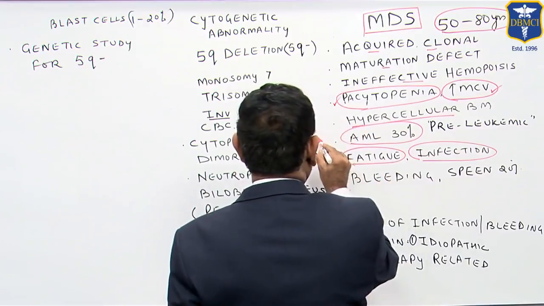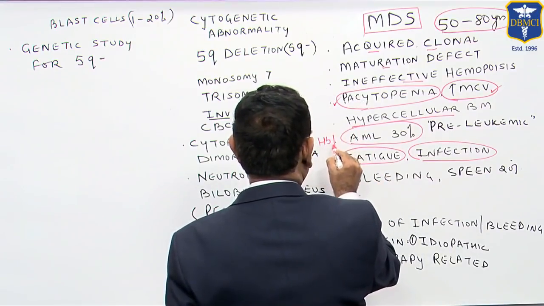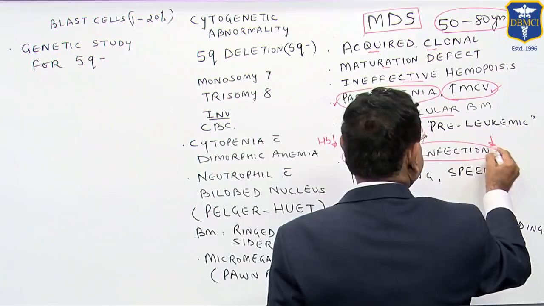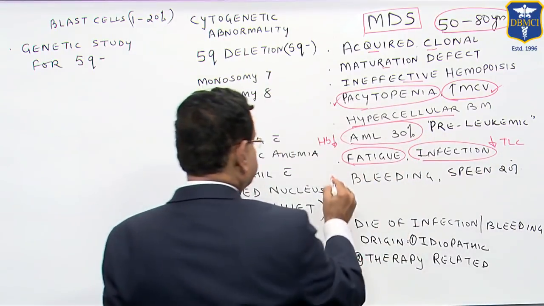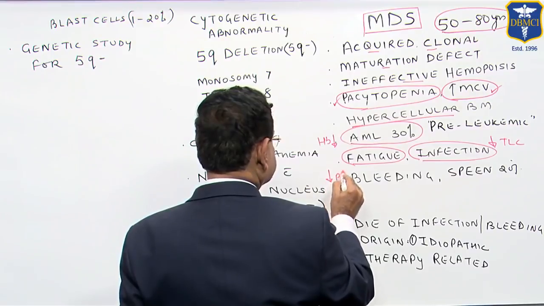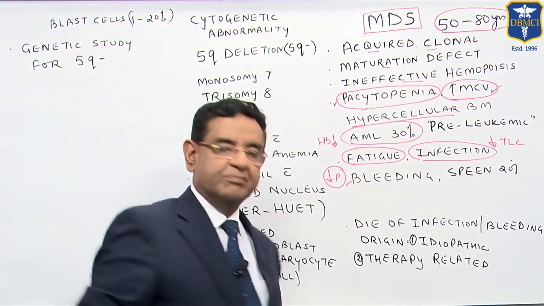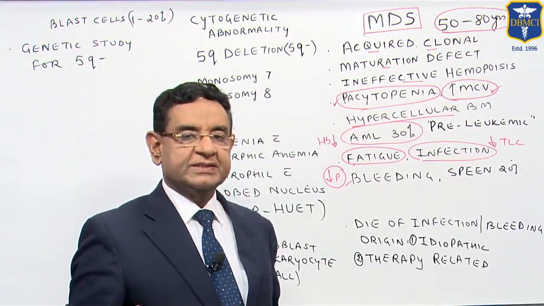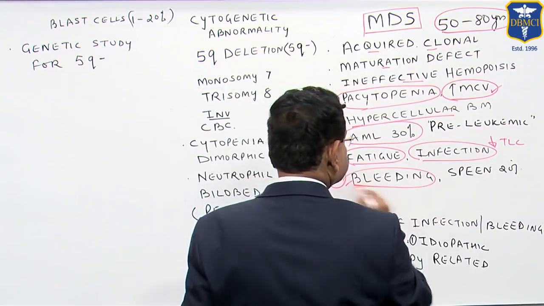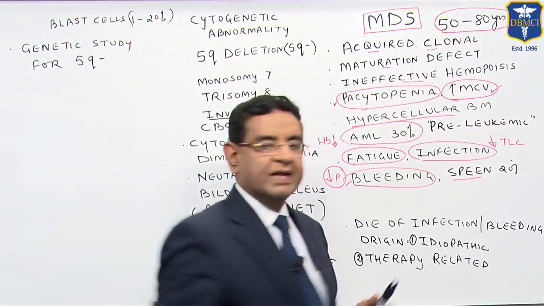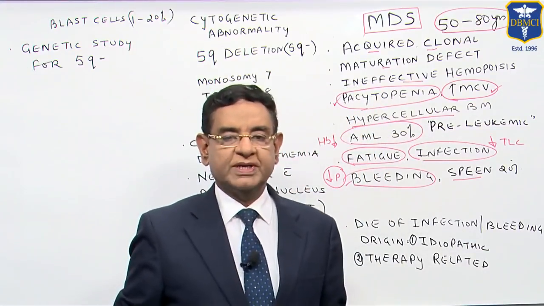So this is due to low HB, and this is due to low TLC count. And of course, as the platelet count is reduced, patient has bleeding tendency, and spleen may be palpable in around 20% of the cases.